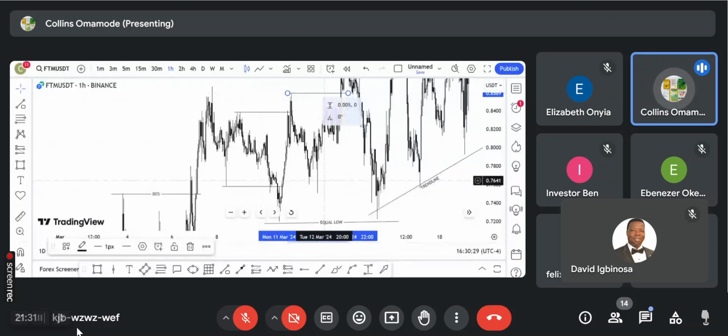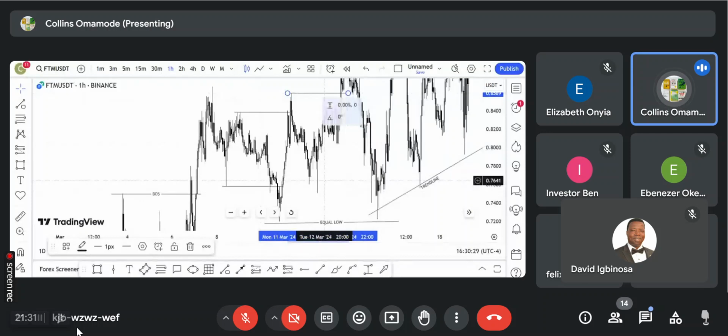So after this structure, we had a POI below.